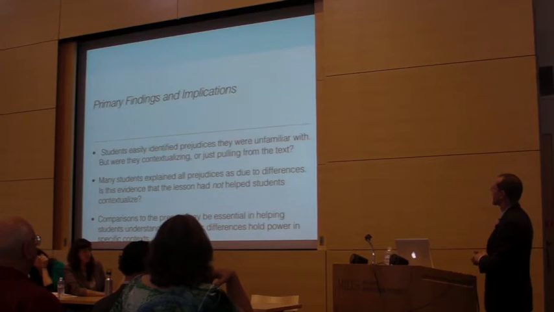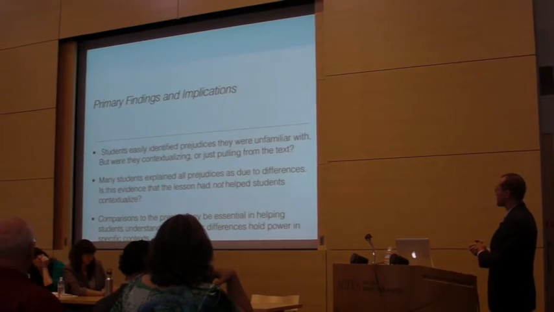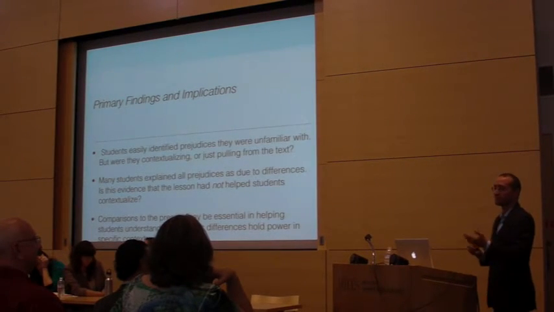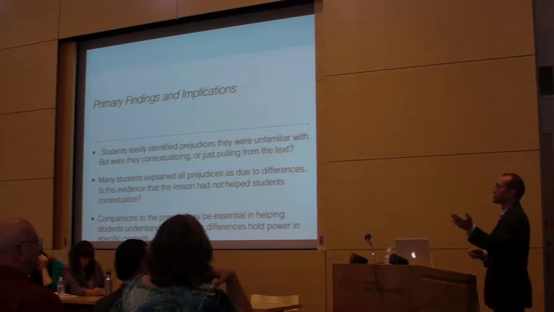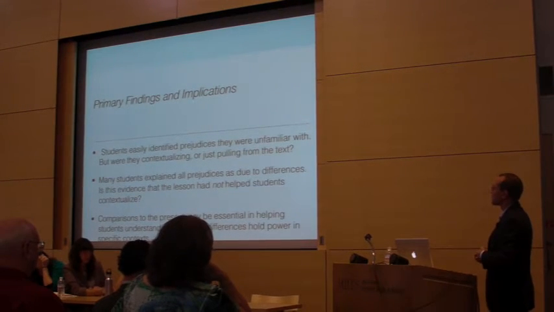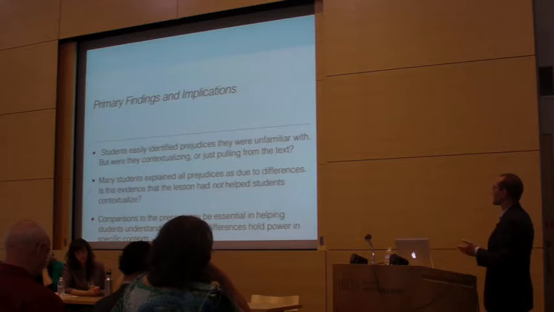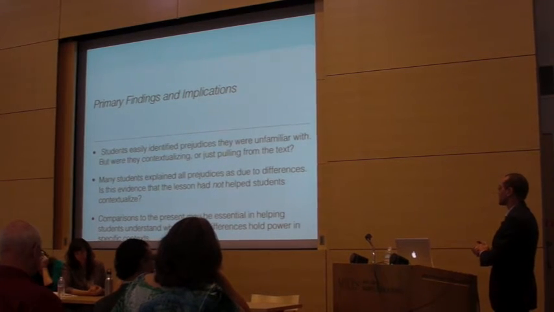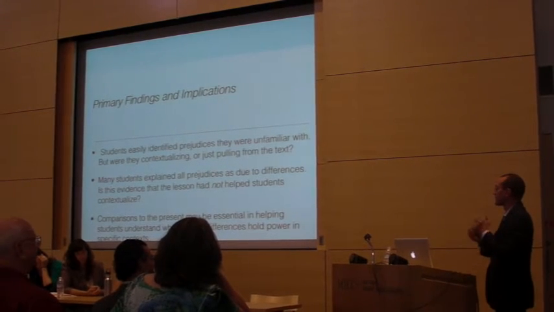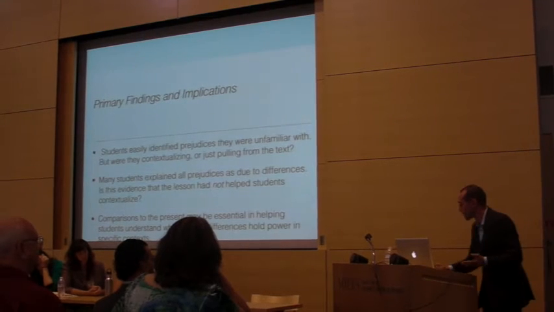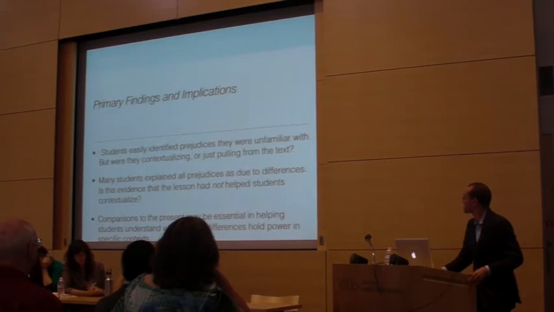Another finding that I had was students really tended to explain prejudice as due to difference. Like, "Oh, they live differently, so there's going to be a prejudice." That was something that worried me a bit, and I took it as evidence that maybe the lesson, even though they understood it, had perhaps not helped students contextualize as much as I'd hoped to.